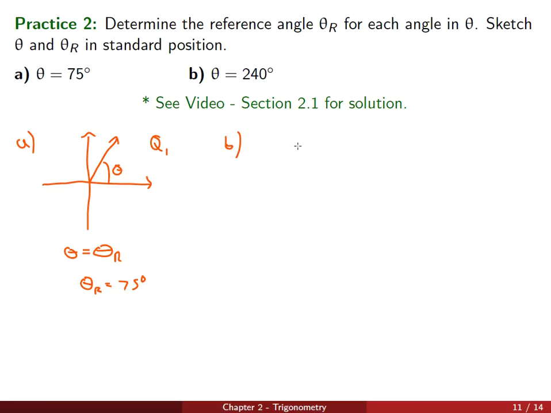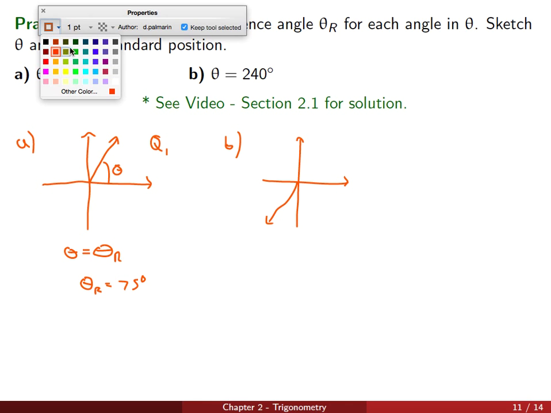In all the other quadrants, that is not the case. So when you look at this one right here, 240 degrees, which is roughly over here, the angle closest to the x-axis would have to be this guy right here.